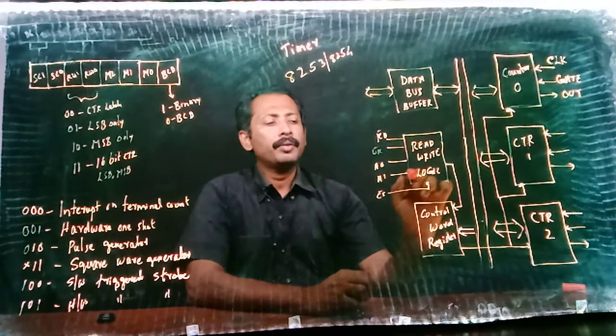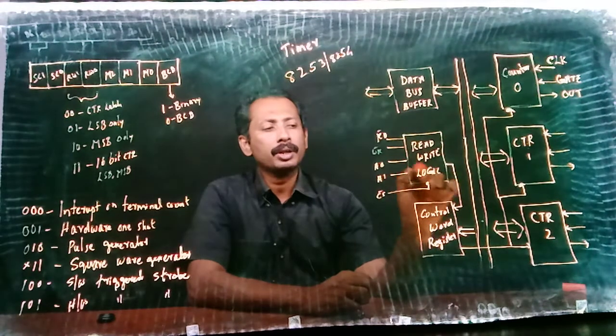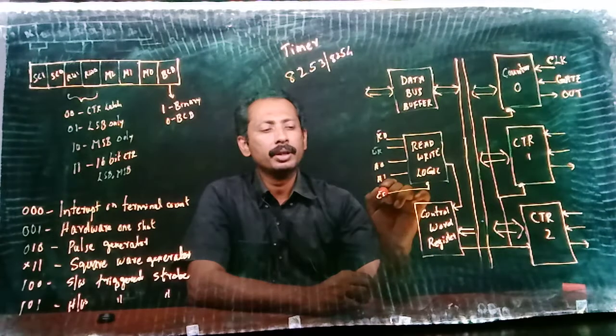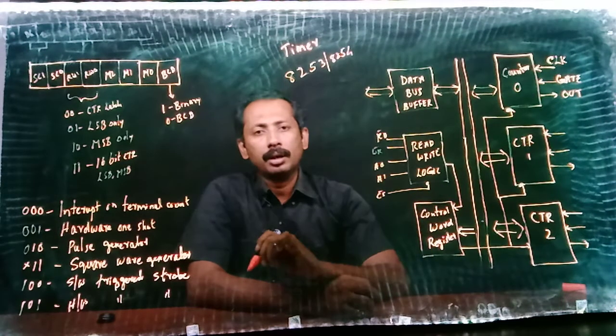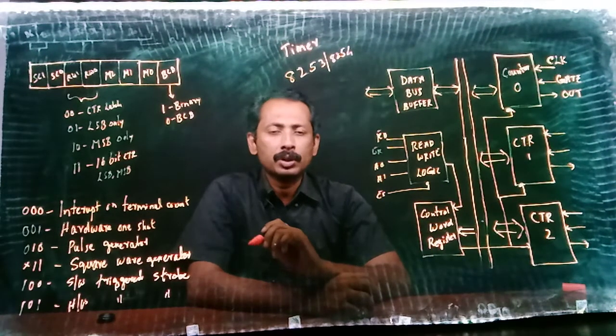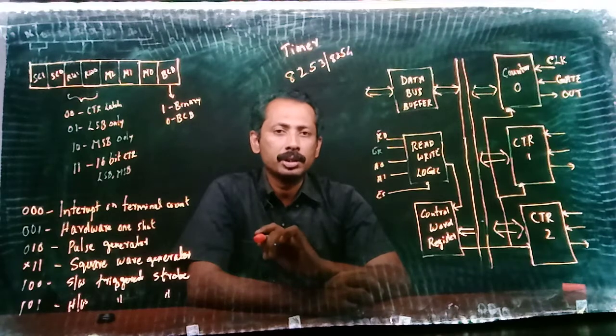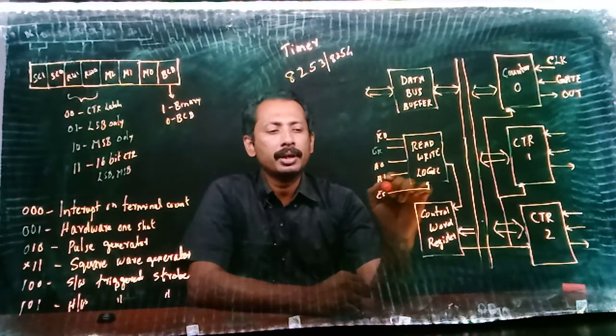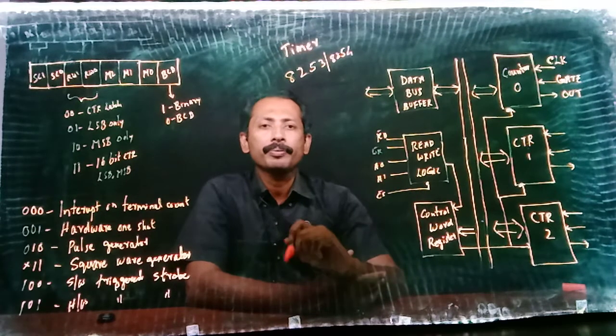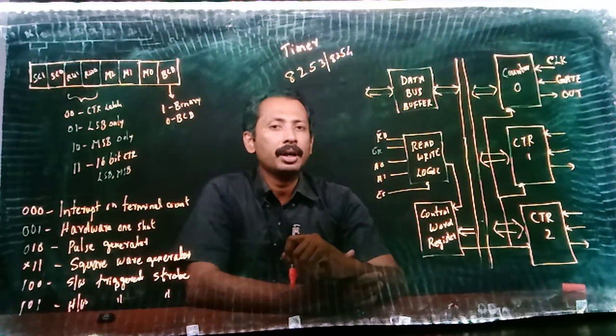And again we have the read write logic. Here we have the chip selection option, CS bar. In the previous video I showed the chip selection logic using a NAND gate, and this CS bar is the logic which enables this IC.